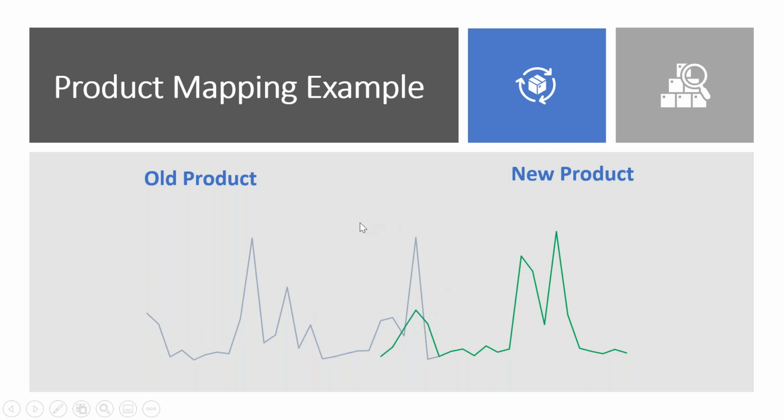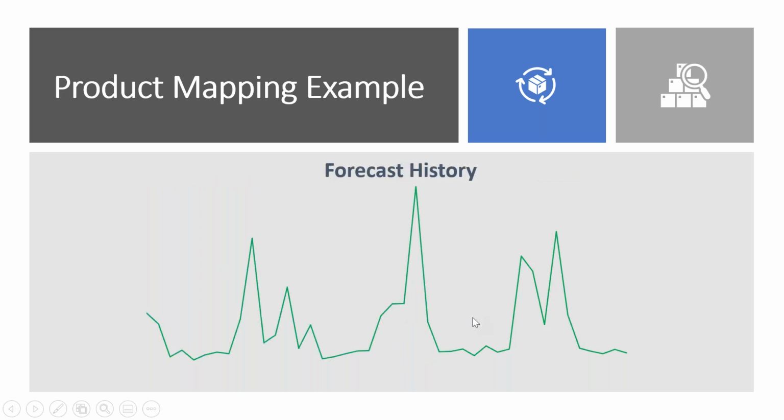Just quickly from a definitional standpoint, the gray here, the old product demand history, is what we refer to as mapped history. It's the history we are mapping into the new product. This is the actual history here. And when we combine them, we're creating a forecast history.